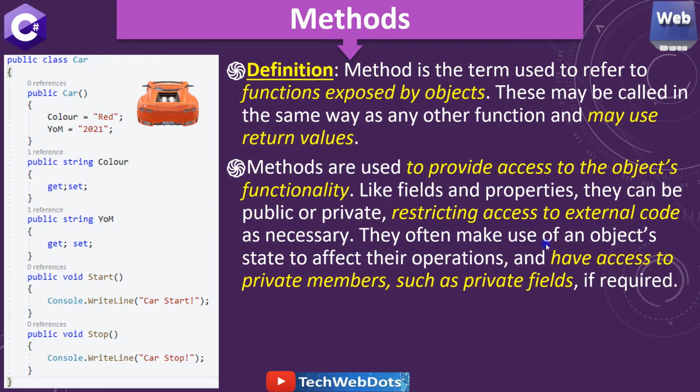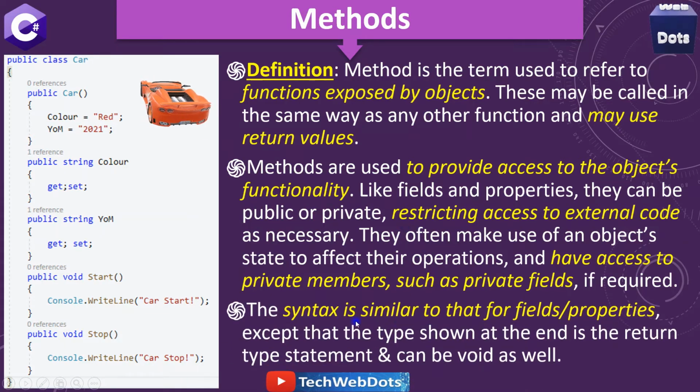They often make use of an object's state to affect their operations and have access to private members such as private fields if required. It means this method can access the private fields of this class, which were color and year of manufacturing that we have just seen in the previous example.